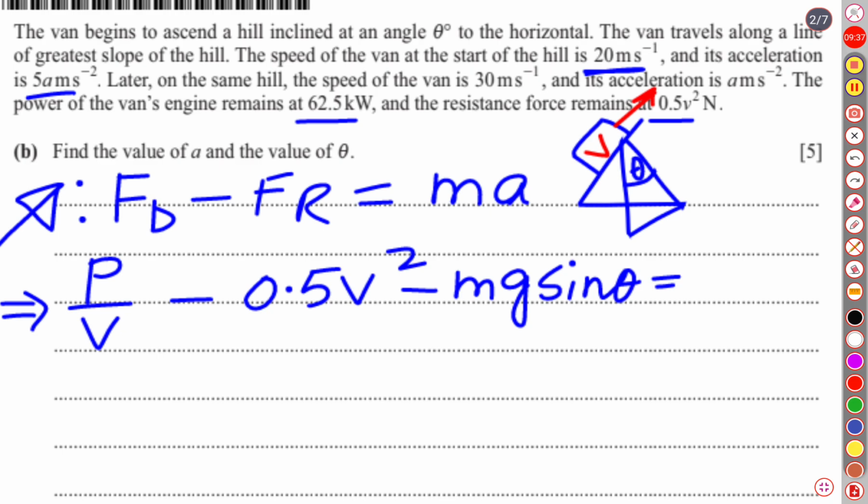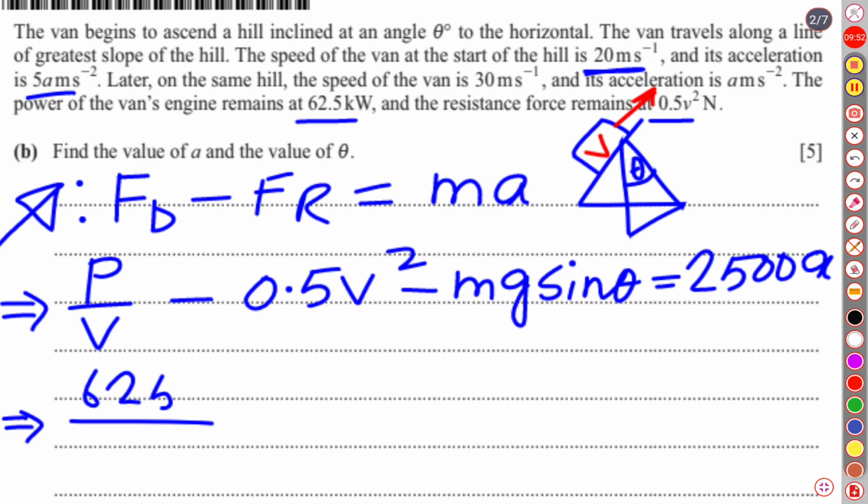Then the right side is 2500 a, where a is acceleration. Now power is the same, 62,500, and velocity in the first case was 20 meters per second.